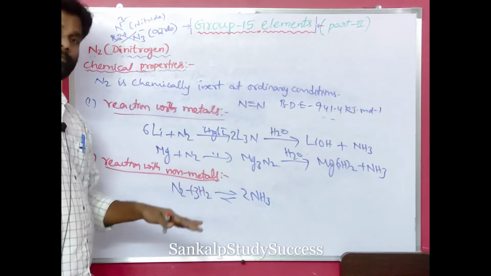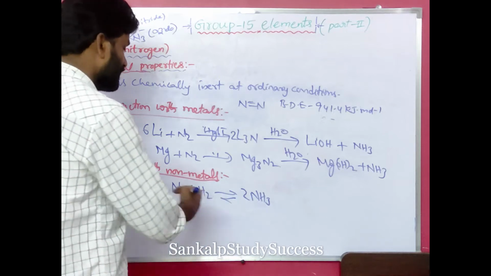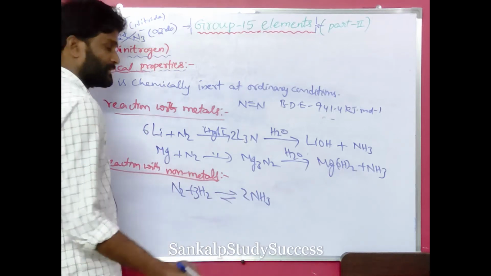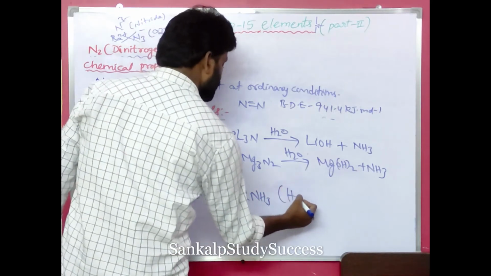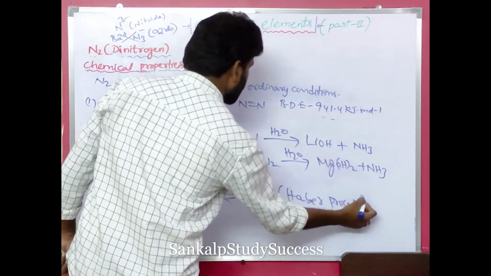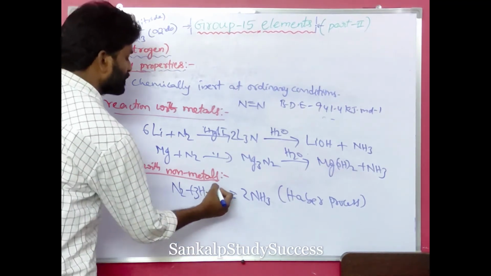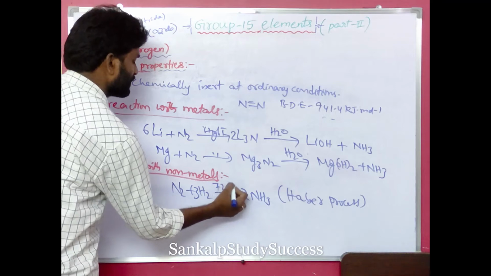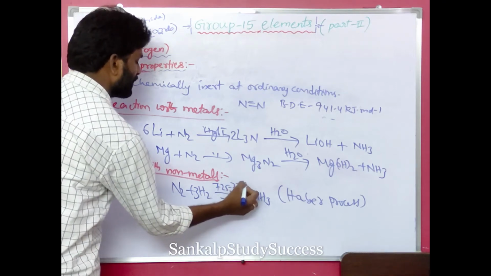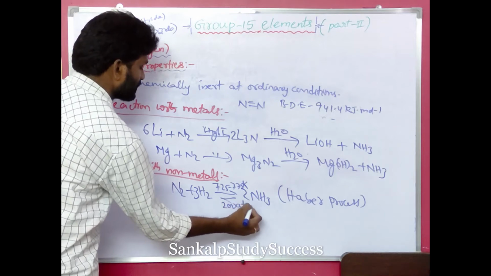This method of preparation is used in the Haber process. In the Haber process, ammonia is obtained from nitrogen and hydrogen. The optimum conditions are 725 to 775 Kelvin temperature and 200 atmosphere pressure.